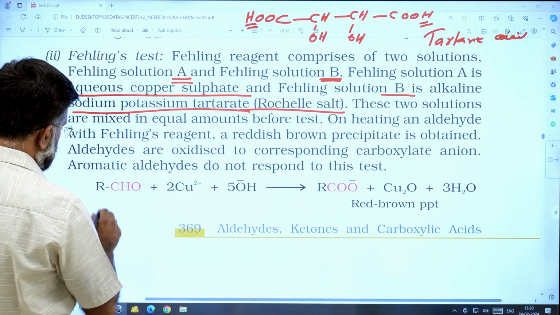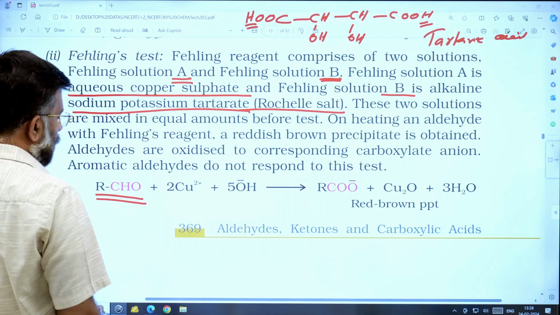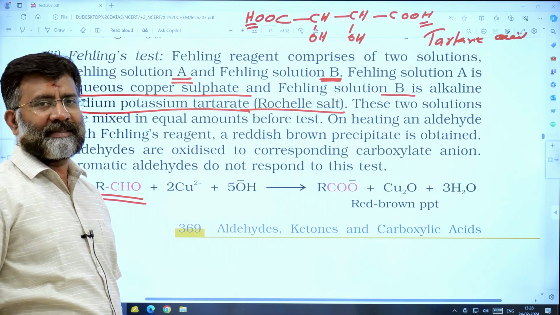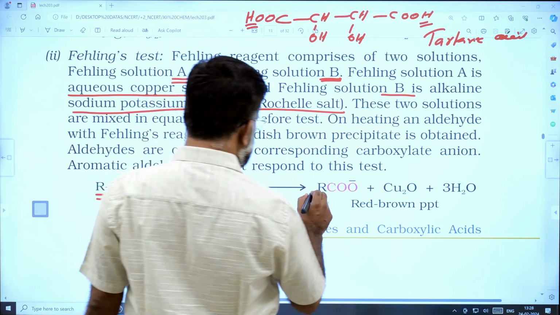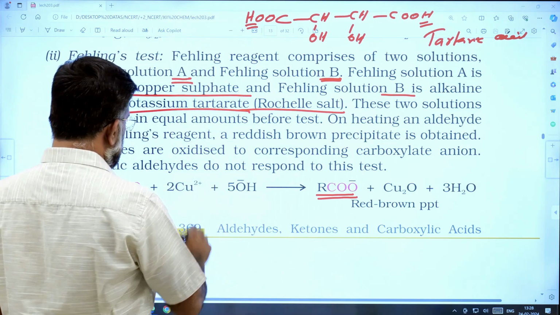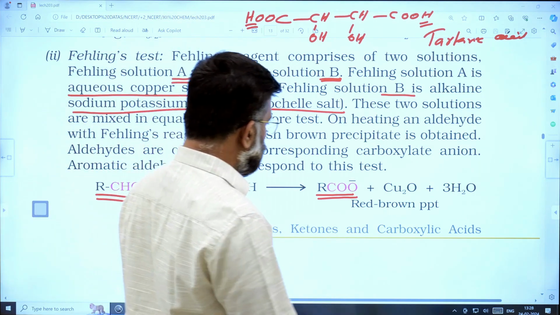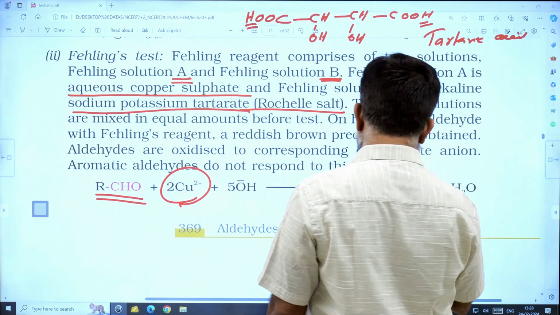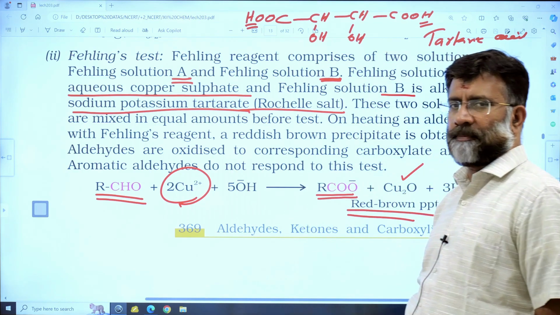What is Felling's test? You take an aldehyde. Aldehydes respond to Felling's test: they are oxidized to carboxylic acid, while Cu2+ is reduced to cuprous oxide, and you get a reddish brown precipitate.